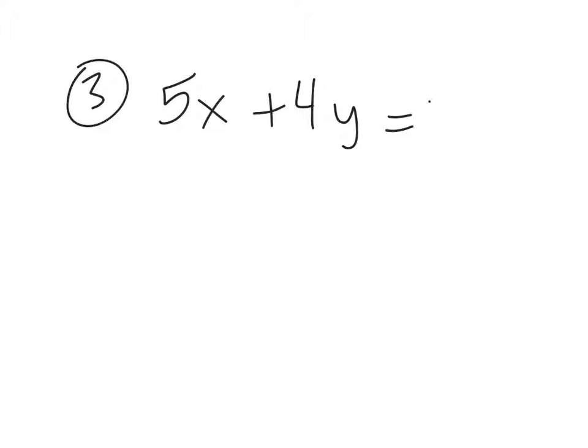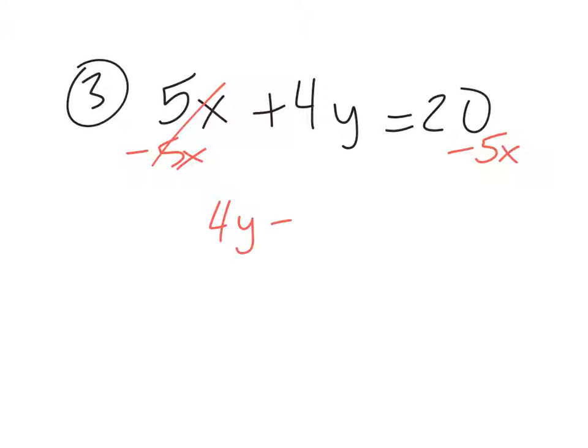So this is number 3 on your guided practice. We have 5x plus 4y equals 20, and we need to solve for y. So what's my first step? Minus 5x. So I get 4y equals negative 5x plus 20.